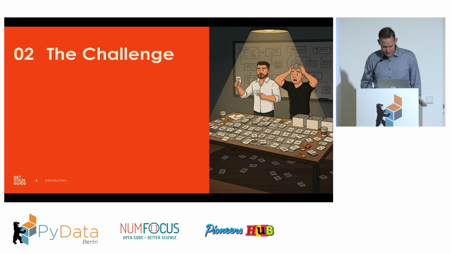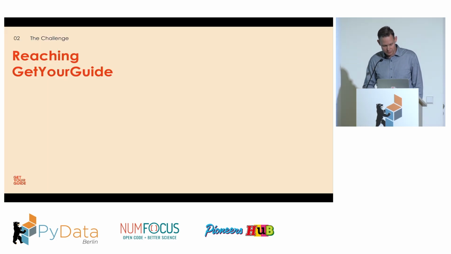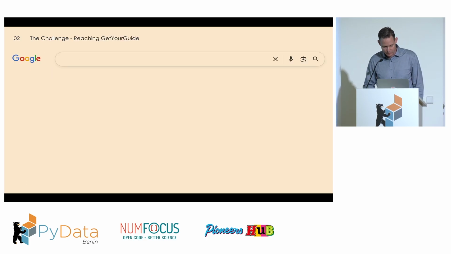Okay, so let's first understand the challenge that we are facing with this product categorization. The categories play quite a big role for GetYourGuide, and you already notice that when you get to GetYourGuide. So how do most people reach GetYourGuide? That's still via Google, although AI is getting bigger.